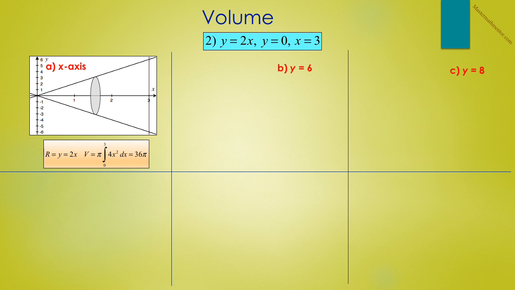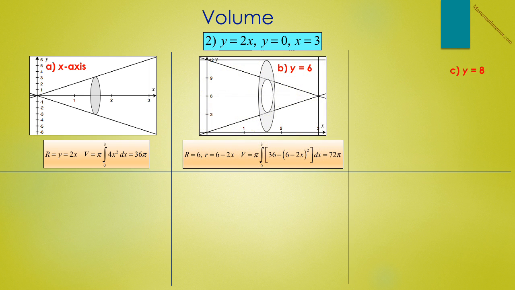The radius is y, which is equal to 2x, as this is a dx problem. So V is equal to pi integral from 0 to 3 of (2x) squared, which is 4x squared, dx. And this turns out to be 36 pi.